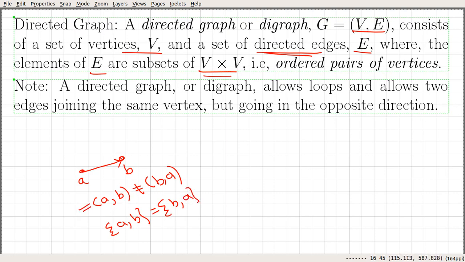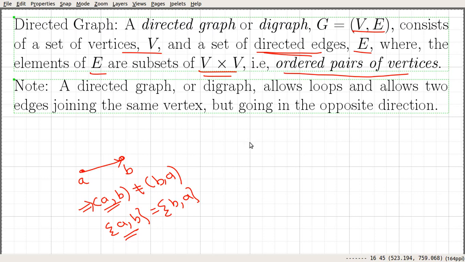So here we have this very important difference. In a directed graph we are considering ordered pairs of vertices, while in an undirected graph we are considering only subsets.